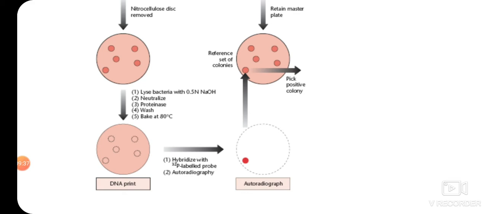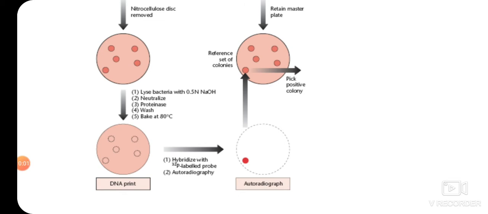Once it is removed, the bacterial cells are still adhered to the membrane at the specific positions. Then they lyse these bacterial cells using 0.5 normal NaOH, neutralize using a neutralization buffer, followed by proteinases so that the leftover proteins can be digested off.